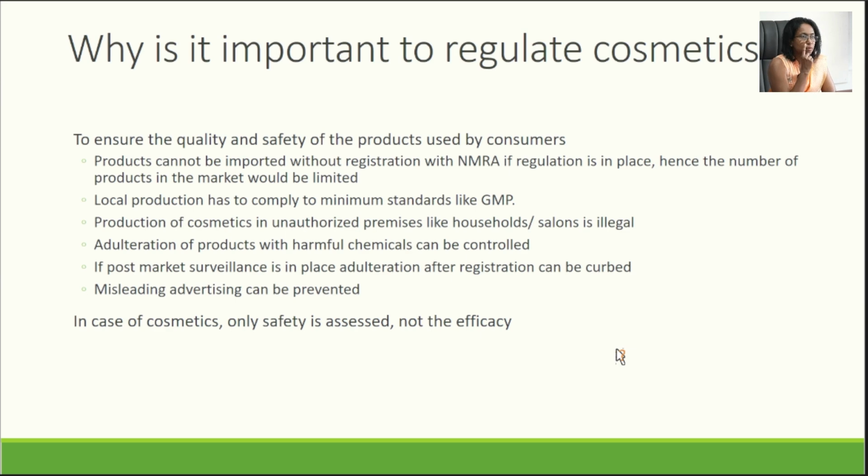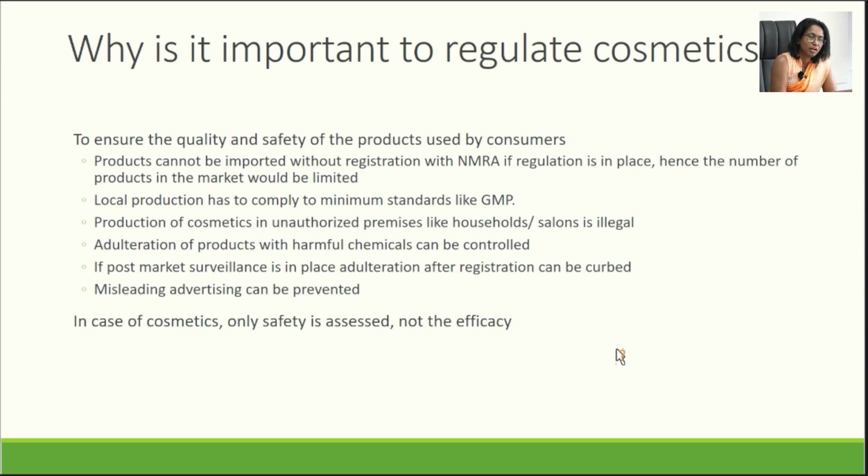And now when they are bringing in cosmetics, they are registered products, and they look for a few things before releasing. But things are not happening in a satisfactory manner. And when you produce things locally, you have to comply with minimum standards like good manufacturing practices.